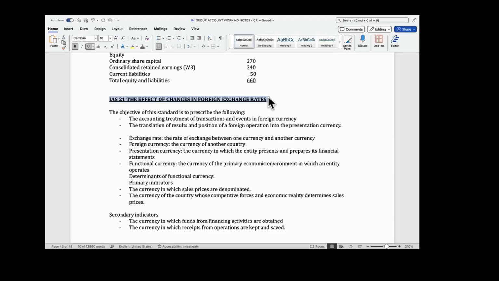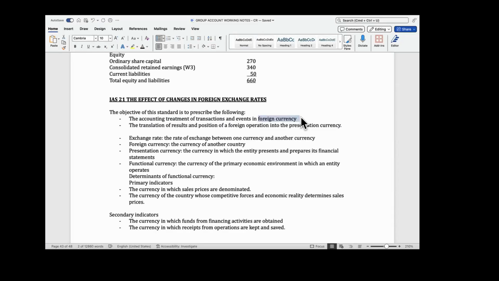And I told you that this standard will look at two areas. The first is the accounting treatment of transactions and events in foreign currencies.